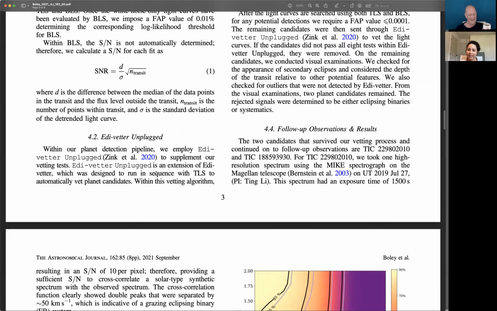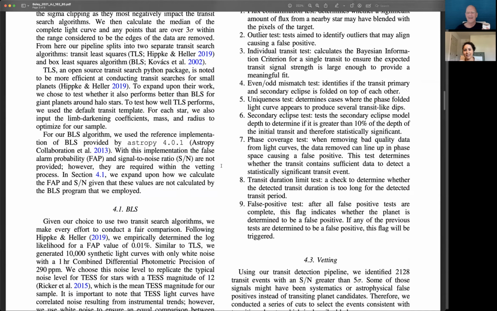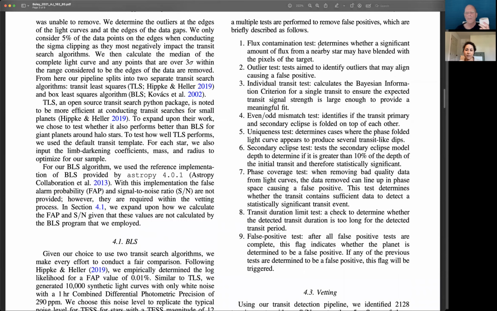This was made specifically for Kepler, and so it was actually updated to run with Transit Least Squares. And this is to help vet whether or not these planet candidates are false positives.